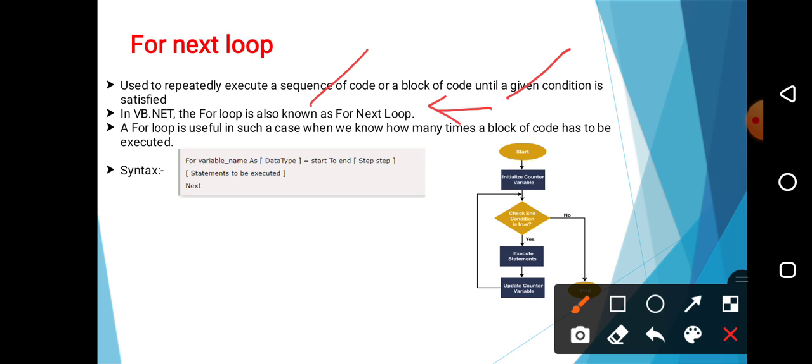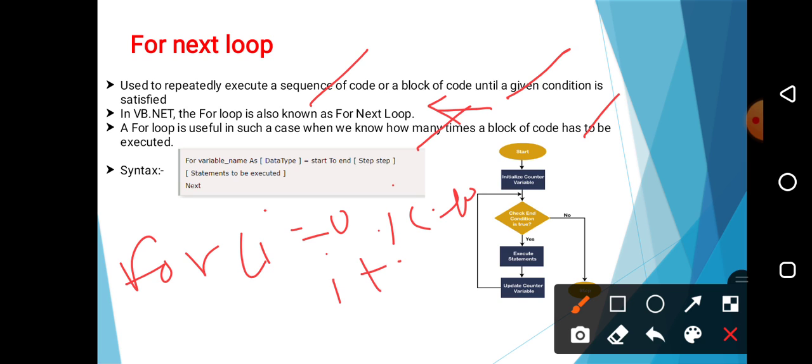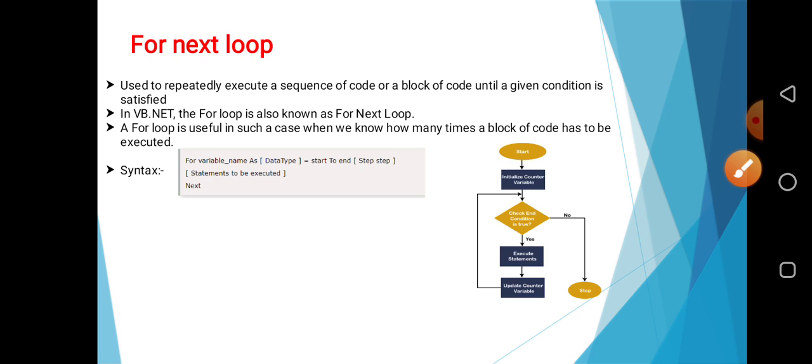A for loop is useful in cases when we know how many times a block of code has to be executed. For example, for i equal to 0, i less than or equal to 10, i plus plus. We know that we have to repeat it 10 times, so whenever such a situation occurs, you use the for next loop.